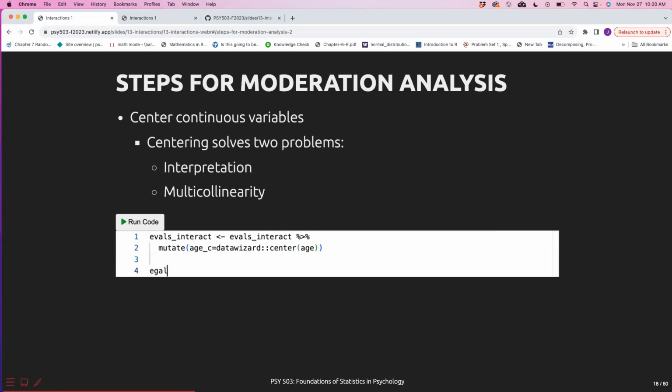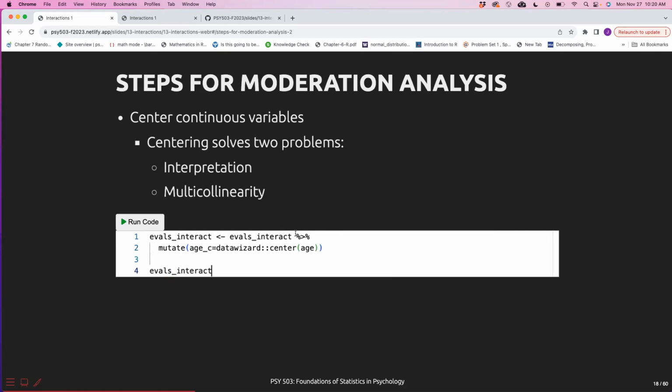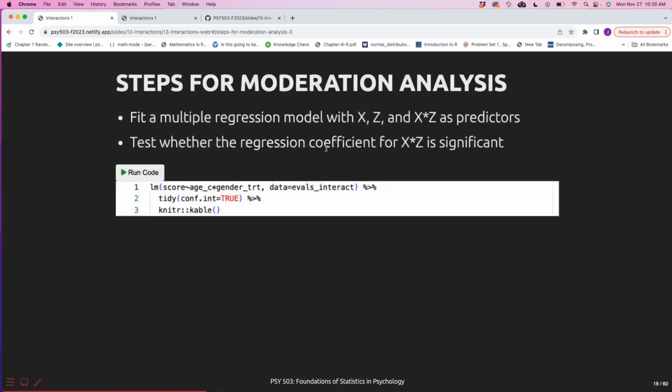Let's make sure we've centered this properly. Again, we see our inter column, our gender treatment column, and our age underscore C, which is our centered age column. It looks like it did its job, so that's good.